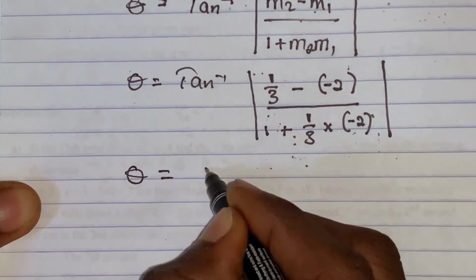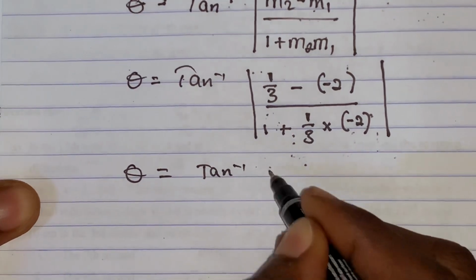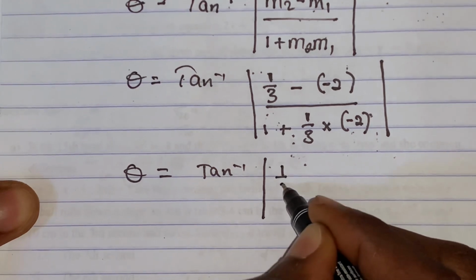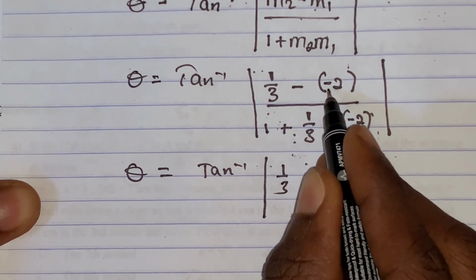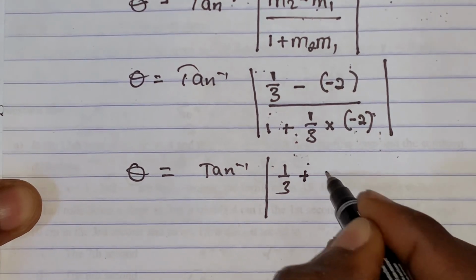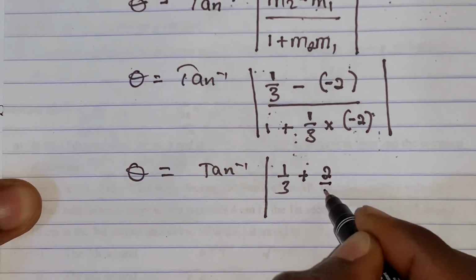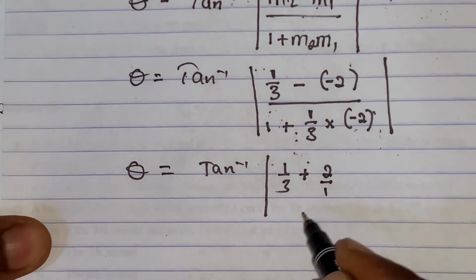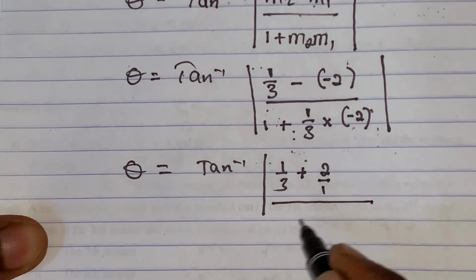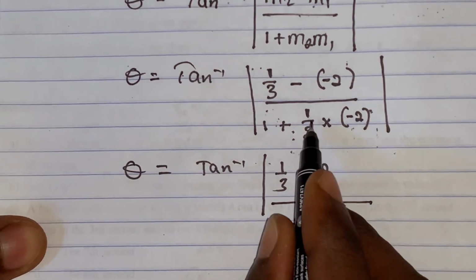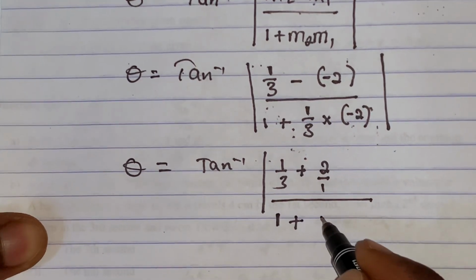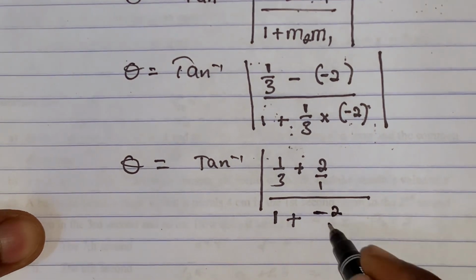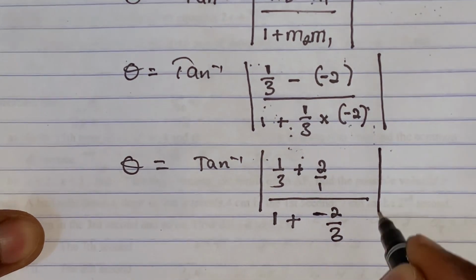Theta equals tan inverse of 1 divided by 3, negative multiplied by negative is positive, then 2. Let's say divided by 1 here to take the LCM. Then divided by 1 plus 1 multiplied by negative 2, which is negative 2 divided by 3.